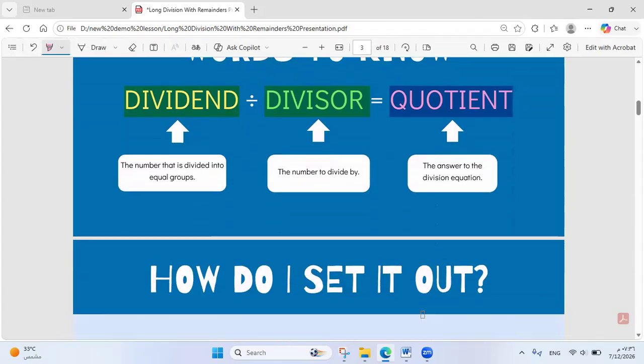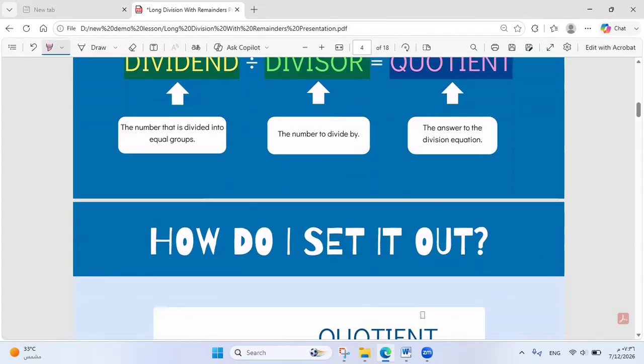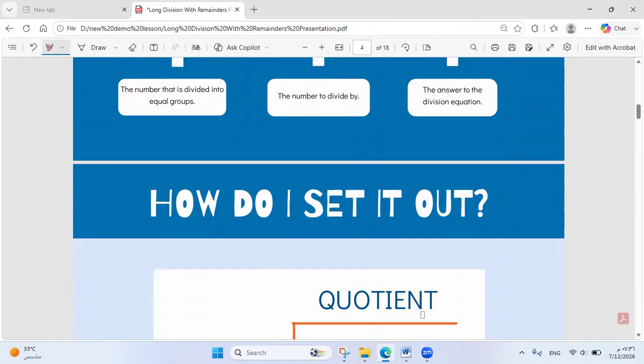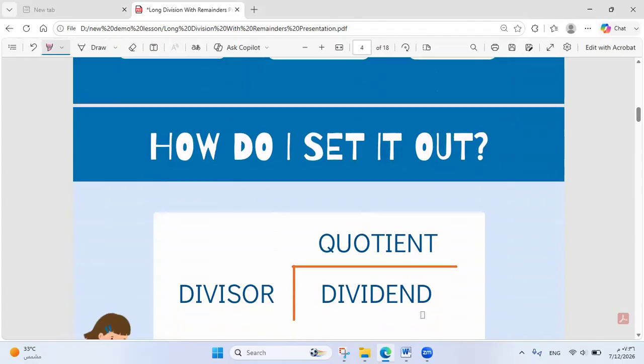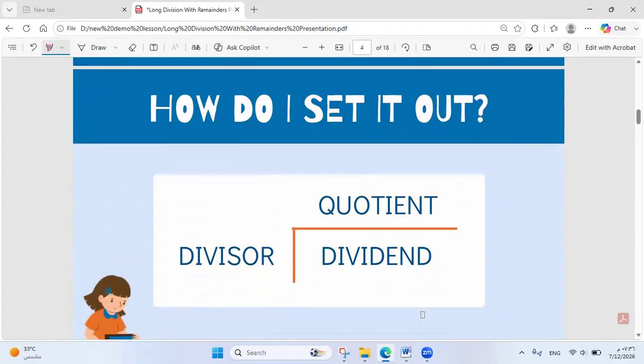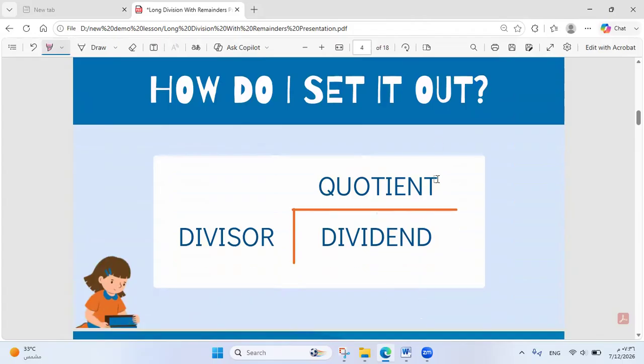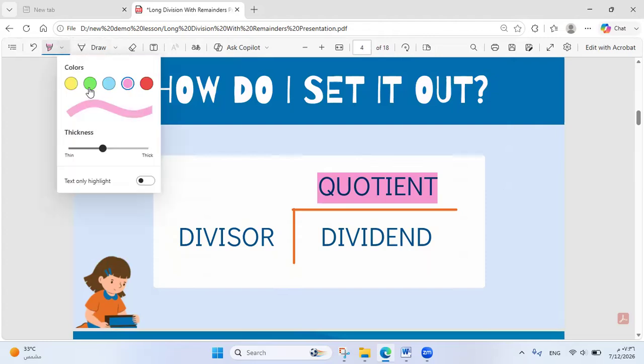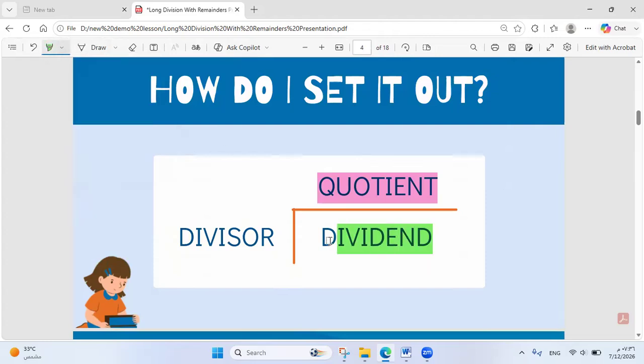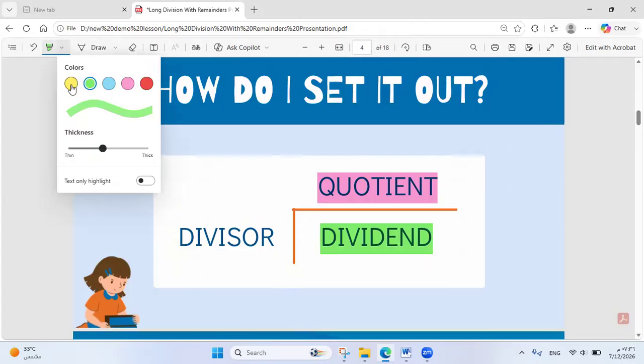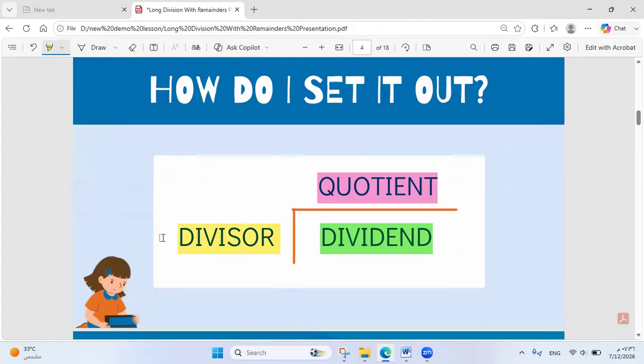Let's see another thing. Here we need to know how to put them in the frame of the division equation. You can see the quotient on the top, the dividend to the right down here, and the divisor to the left down here.